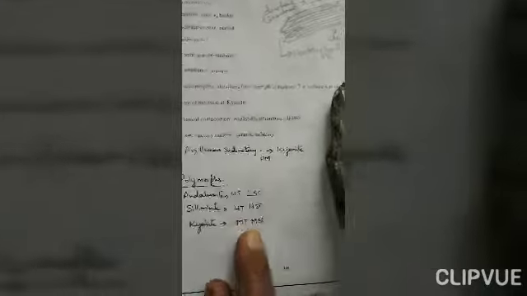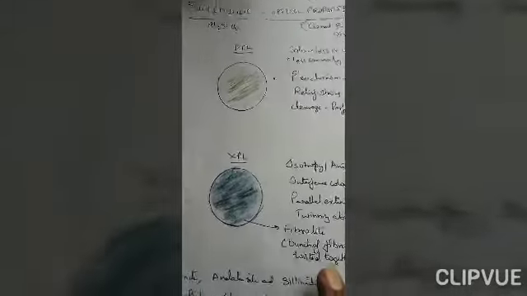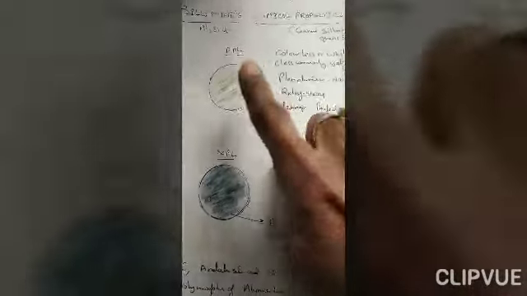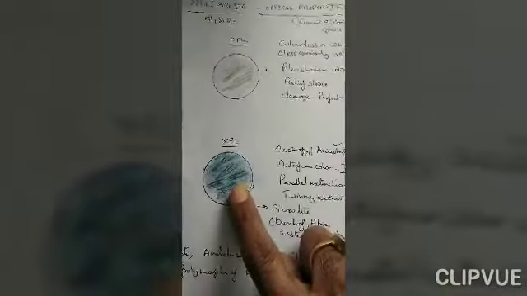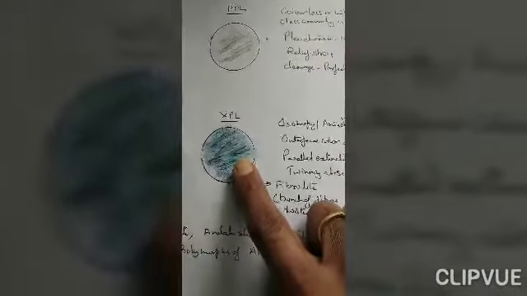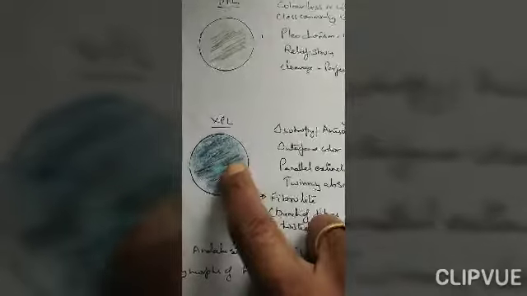Sillimanite, high temperatures, high pressures. Kyanite is medium temperatures, medium pressures. So when you see this kyanite under the microscope, under the PPL it will be light, under the XPL it will be somewhat bluish color.